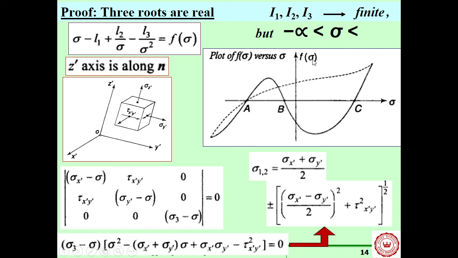This is the 0 value on the sigma axis. So in between, this dotted line shows that something is negative and is changing to positive. There has to be a crossing of the zero line. So that is one of the roots. If this is a particular root of this equation, this root has to be a real number.